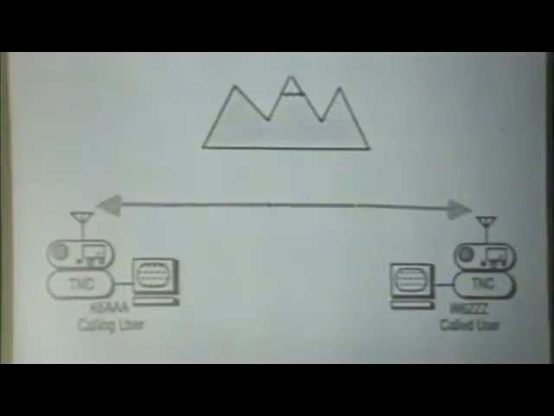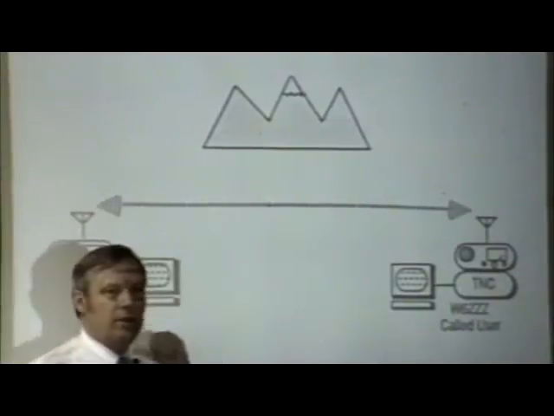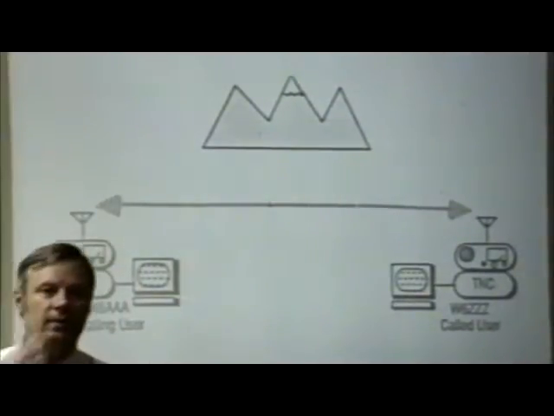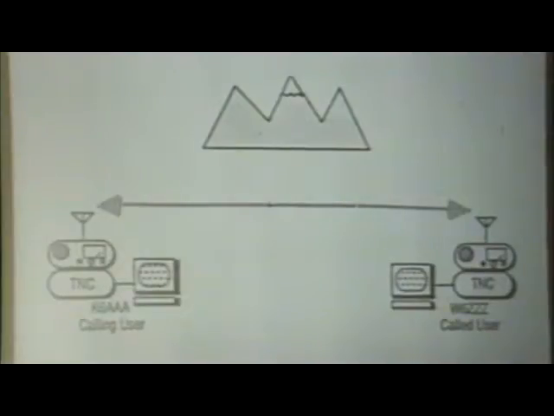K6AAA sits there and waits for how many seconds he has programmed into his FRACK. In other words, how long do I wait for an acknowledgement before I decide the other end didn't get it? Let's say his FRACK is set for 6 seconds. At the end of 6 seconds, he hasn't heard from W6ZZZ.